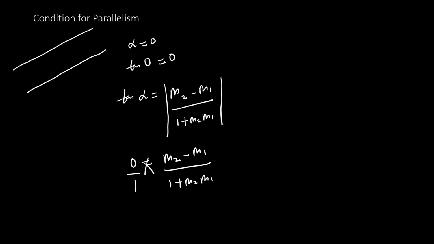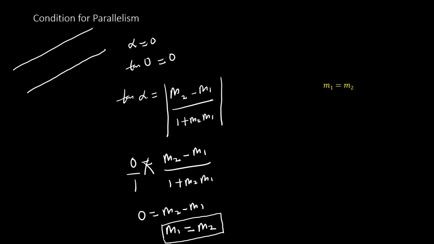If you cross multiply, you have 0 equals m2 minus m1, and this can be written as m1 equals m2, and this is the condition. So if two lines are parallel, then their slopes are equal. For two lines to be parallel, I'll say that again, m1 must be equal to m2. That is, the slope of the first one must be the slope of the second one.